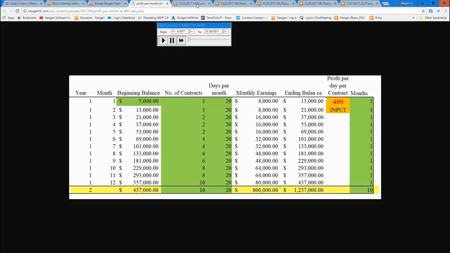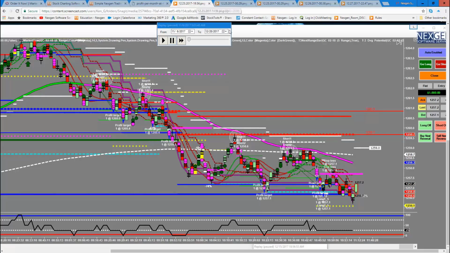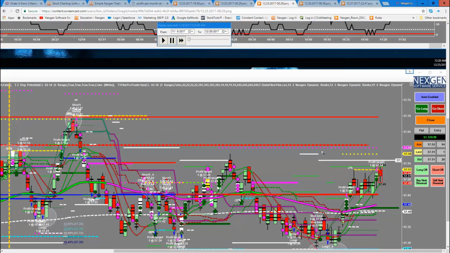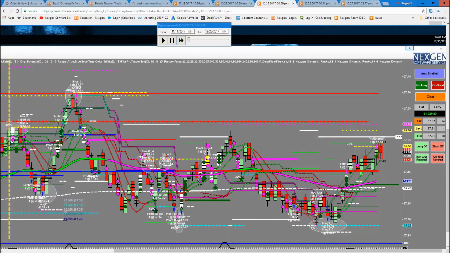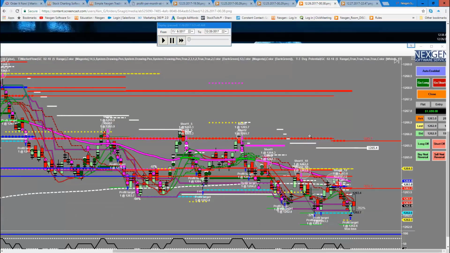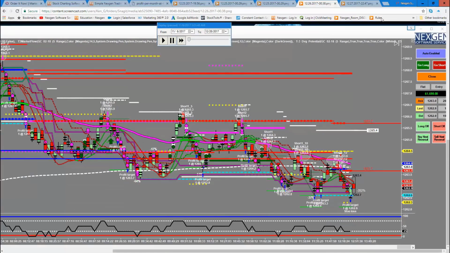Even in a slow market environment, you can see $1,000 on the 23rd, $1,300 on the 25th, or 26th probably is the trading date. Replay that was done on the 26th, you can see over $800.